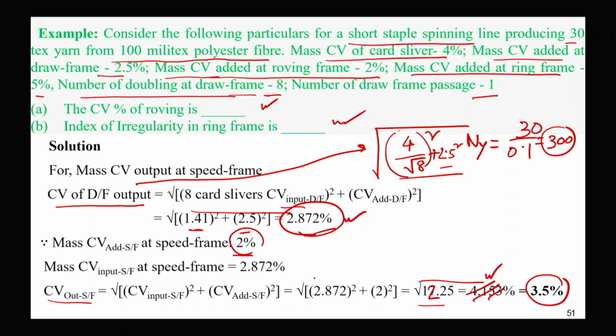So if we add this, it is 12.25, so it will be 3.5%. So we can get the CV of roving.